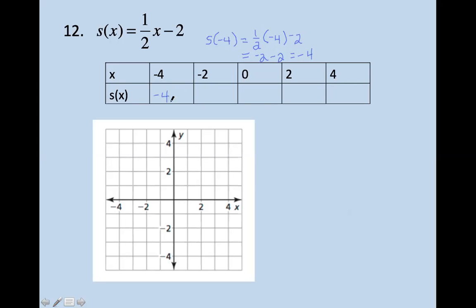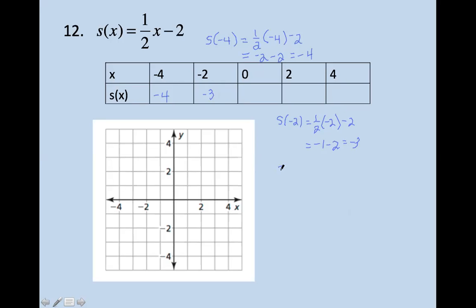All right, our next time through, we're going to put in -2 in place of x. So s of -2 is 1/2 times -2 minus 2. All right, half of -2 is -1. -1 minus 2 is -3.